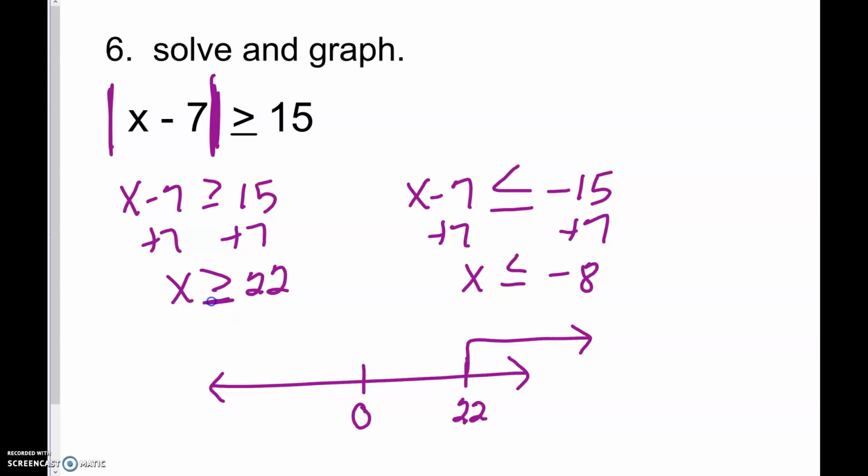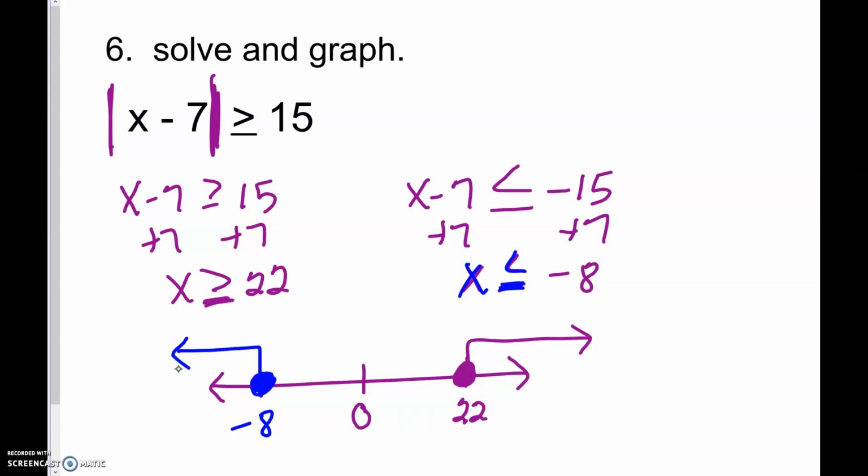Because it has this line underneath it, greater than or equal to, we are going to put in a solid dot here. Now graphing this second one over here, any number less than or equal to negative 8. So again, it has the equal to underneath it, so we're going to do a solid circle. And any number less than goes out.